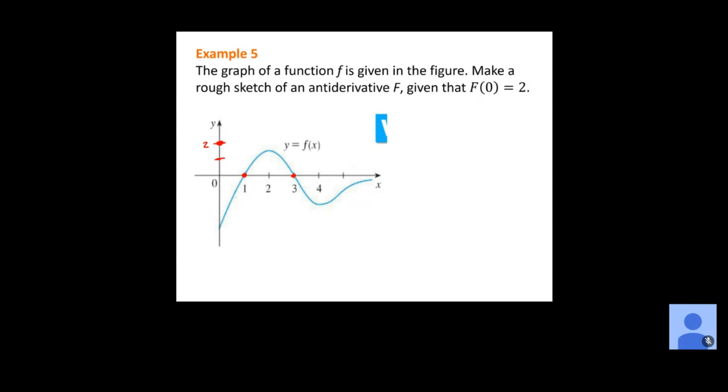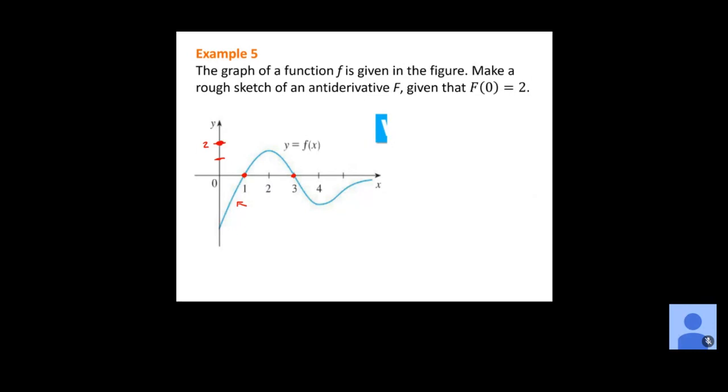Well, let's look at the left-hand side of 1 here, right? So our derivative, I'm looking at this section over here. What do we know about the derivative from 0 to 1? Okay, the derivative itself is increasing. I agree with that. However, is the derivative positive or negative here? It's negative.